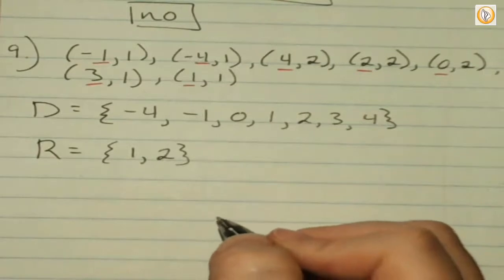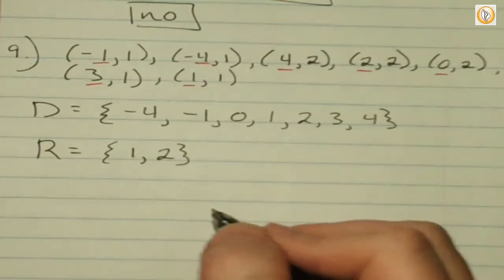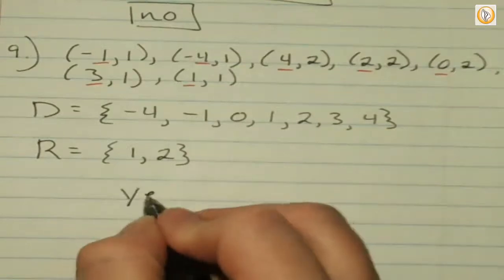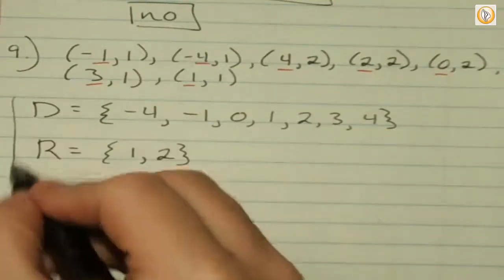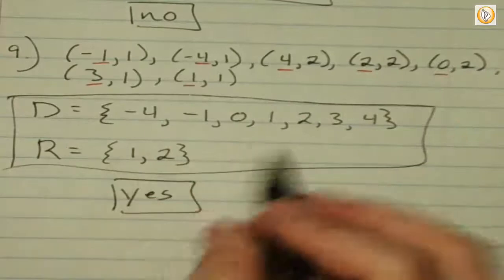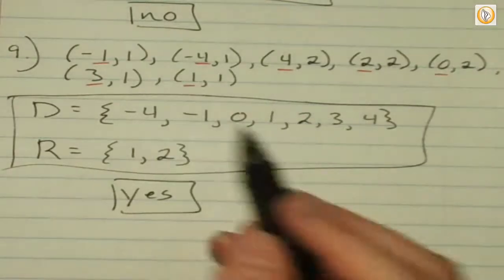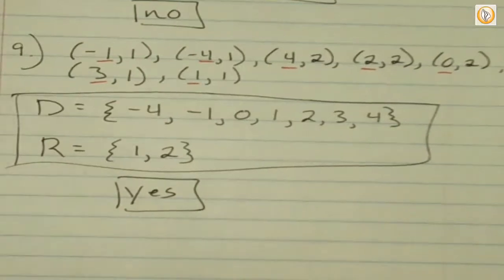So we have a lot of repeaters for y. Is this a function? Yes, it is. Because you can have repeating y's, but you can't have repeating x's, and there are no x's repeating. Any questions?